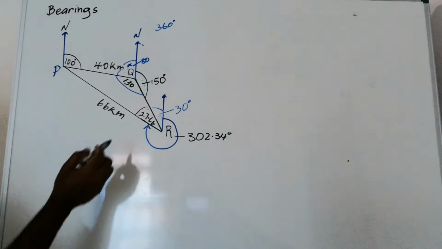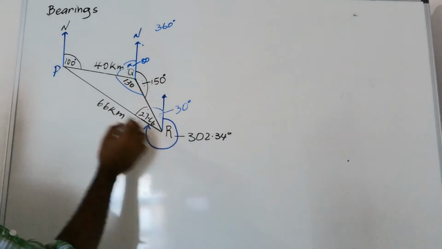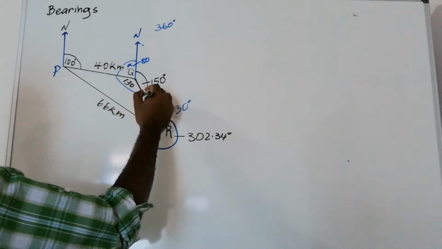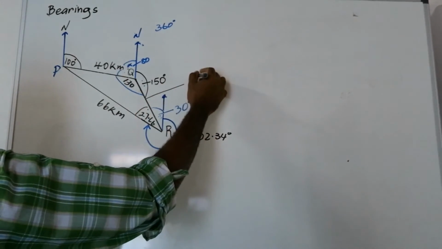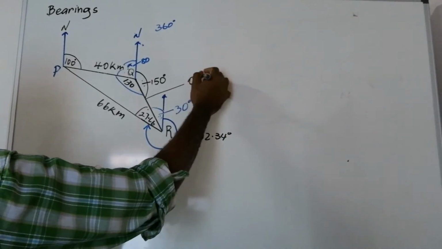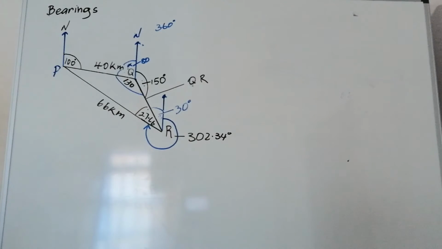We know this angle here, the angle QRP is 27.66 degrees. And what the question is asking to find is the distance QR, the distance from Q to R. So how do we go about finding that?